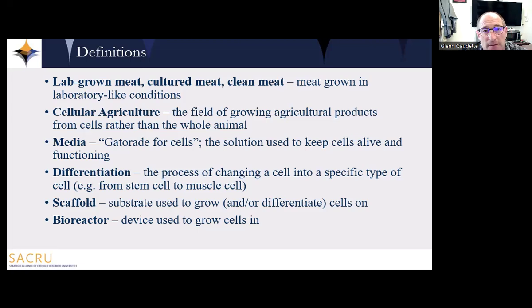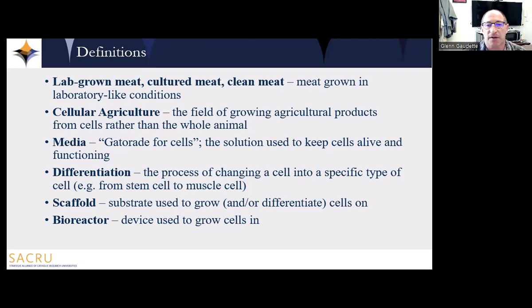So this includes lab-grown meat, but it also includes other things. For example, can we grow milk? Do we need a cow for milk, or can we grow it? There are companies that are doing that, but that's beyond the scope of this discussion.